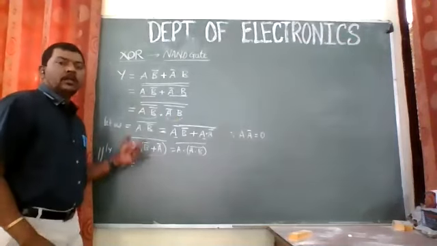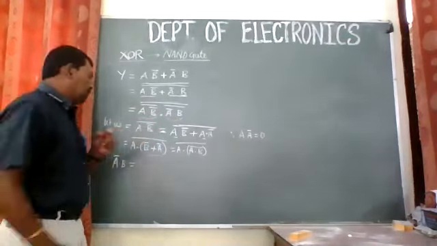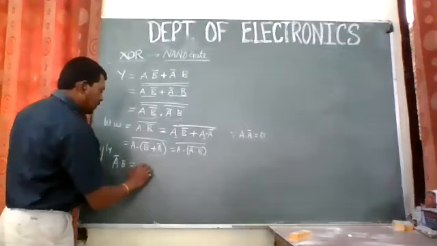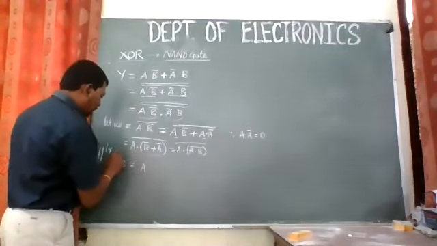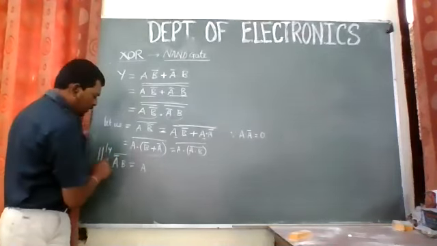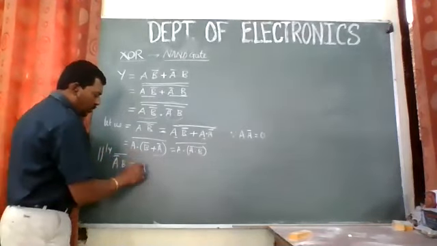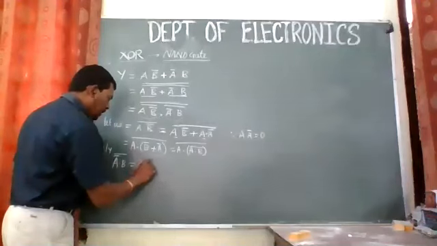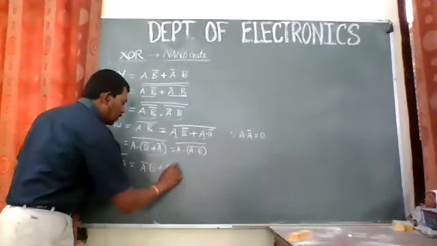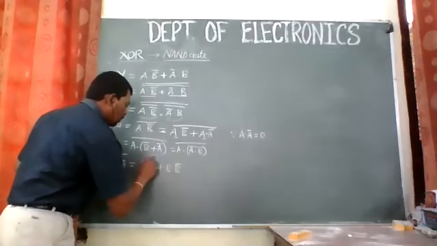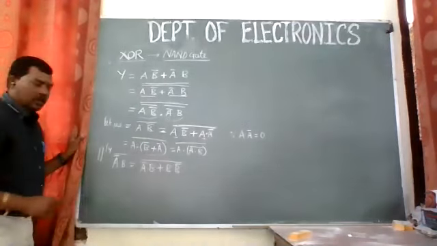Now here we need to add another term, that is B dot B bar. So we will have this A, and we'll have a complement of it also. So A bar dot B whole complement, (A bar dot B plus B dot B bar) the whole complement, like this.